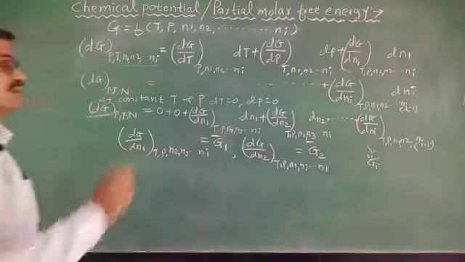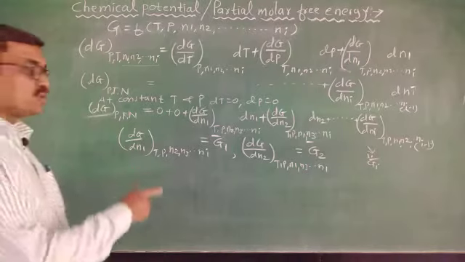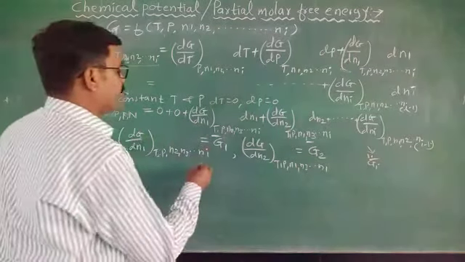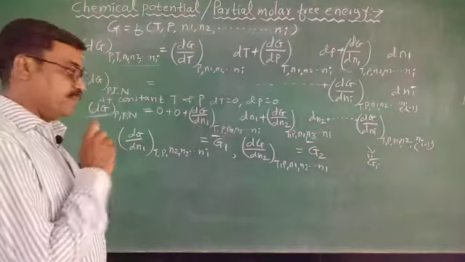In this way, this is the representation, and it is also known as a chemical potential, denoted by mu.